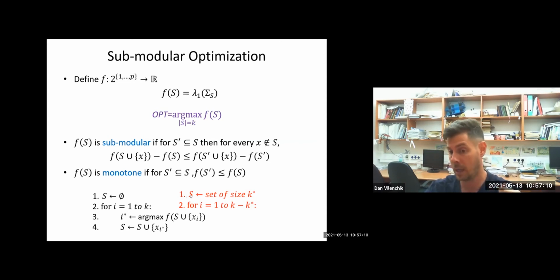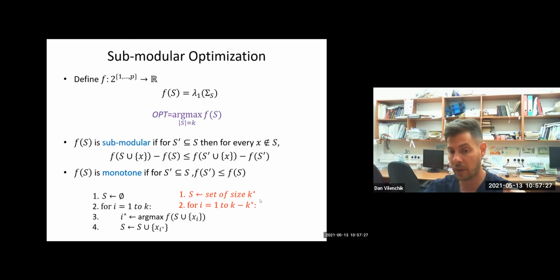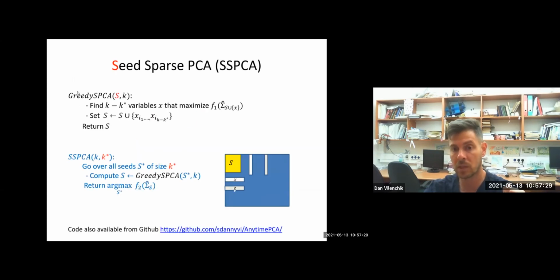Of course, you have to somehow pick the seed. So it's of size k star, which is some parameter smaller or equal than k, and then you have to choose the right seed. So this is our variant of this algorithm. What you see here is just the greedy algorithm.